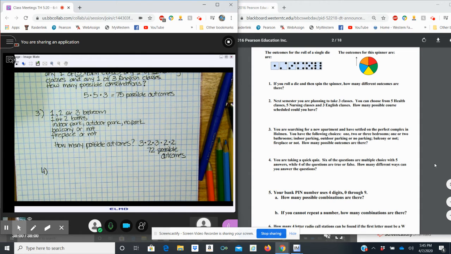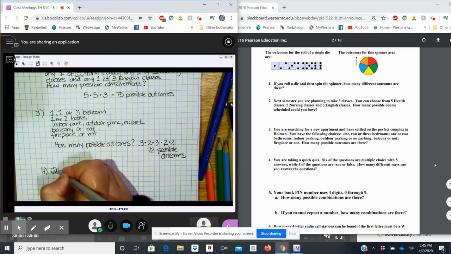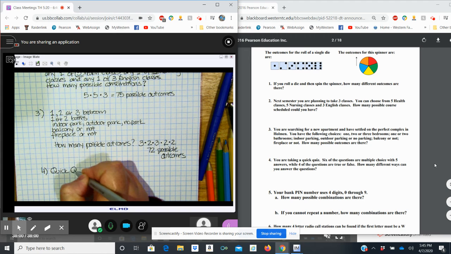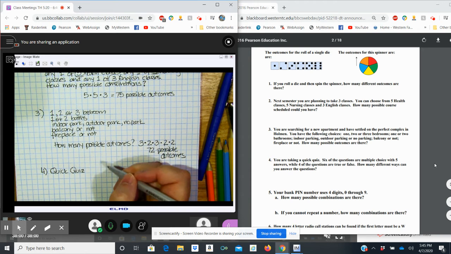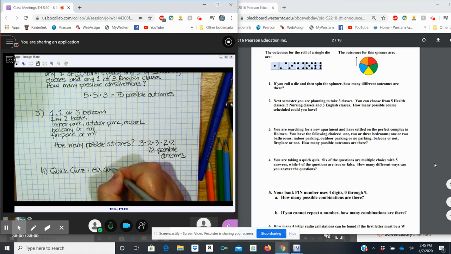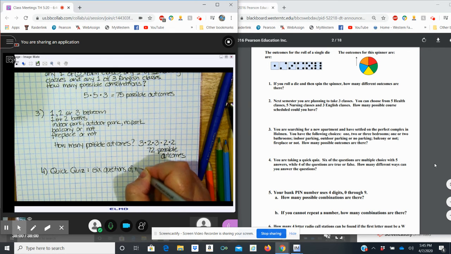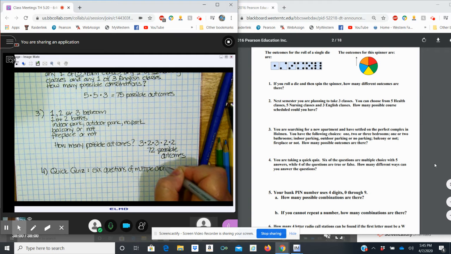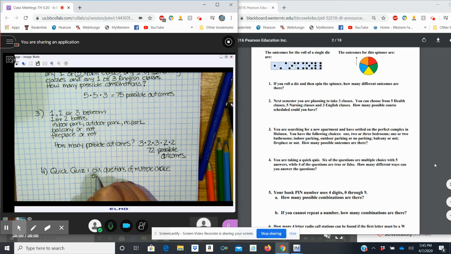All right, problem number 4 has us taking a quick quiz. In this quick quiz, you have 6 questions of multiple choice. Each multiple choice has 5 answers.